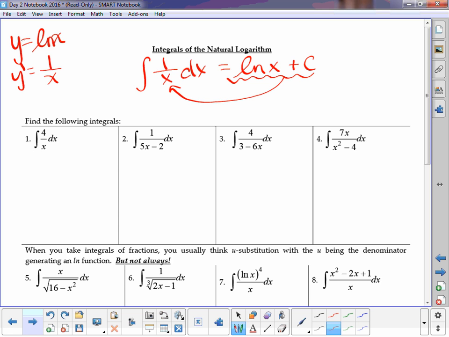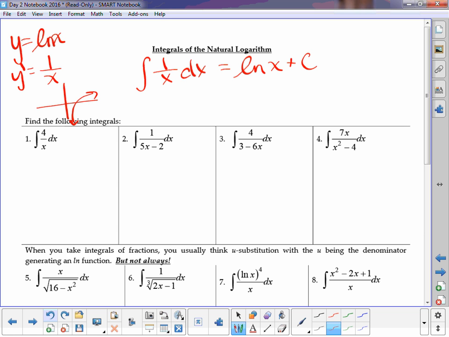Now there is a technicality we talked about last class that we do need to consider also for our integrals. If we think of our natural log graph, what is the domain of my natural log graph again? 0 to infinity. I cannot have any negatives within here or 0. I have to have all the positive numbers. So what can I do to this x to guarantee that it's going to be positive numbers only?